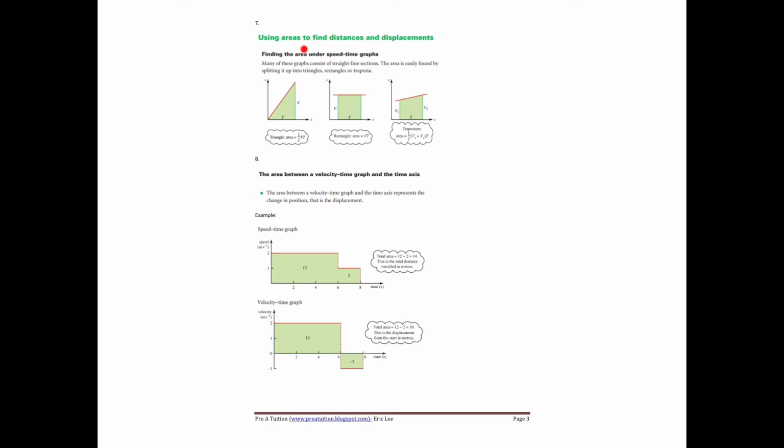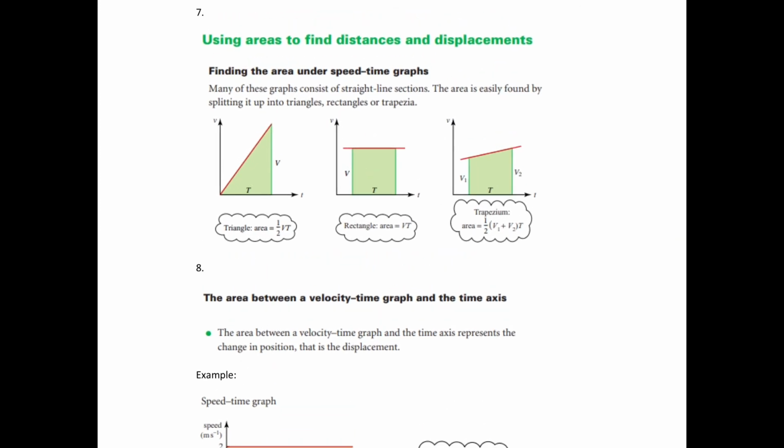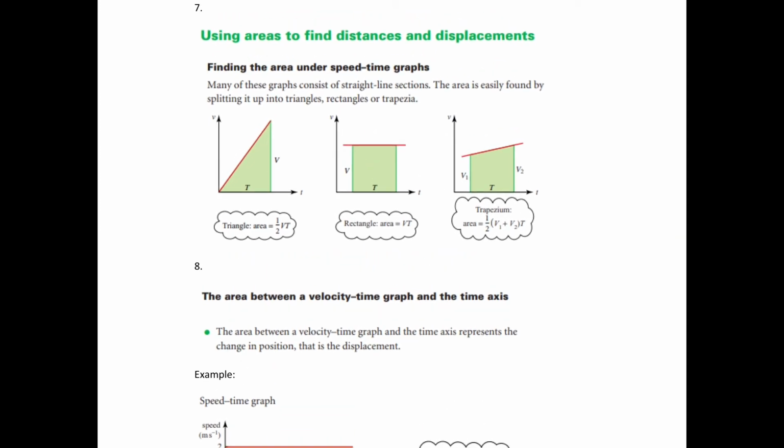The distance traveled. So you can see here, many of these graphs consist of straight line sections. The area is easily found by splitting it up into triangles, rectangles, or trapezia. If you have a triangle, we can find the area easily, 1/2 base times height.